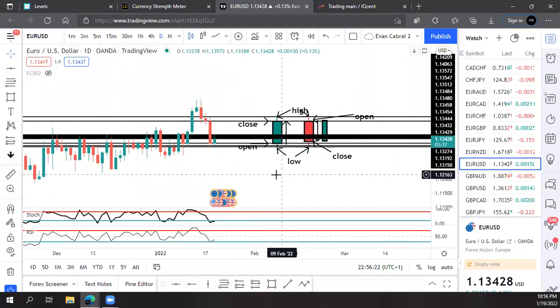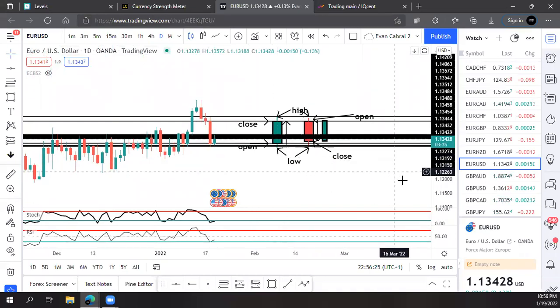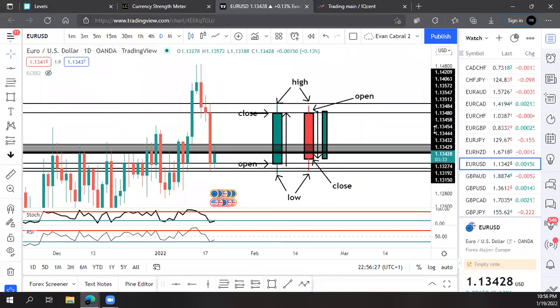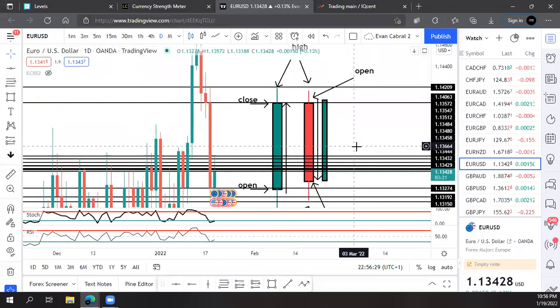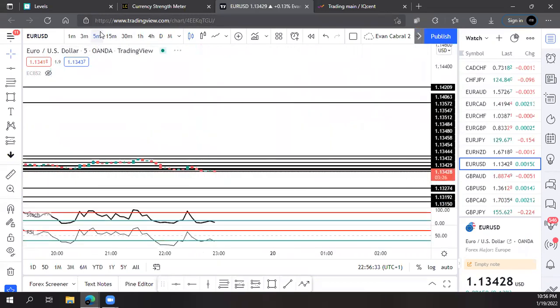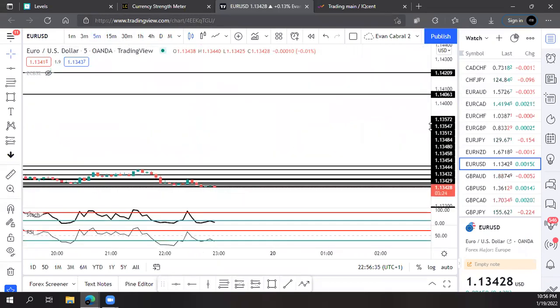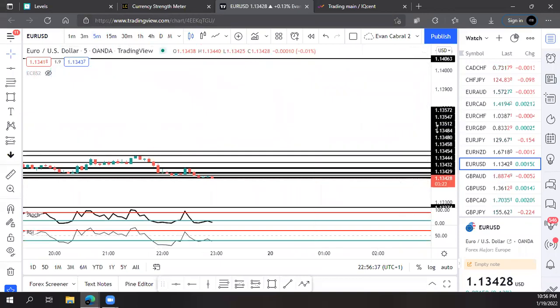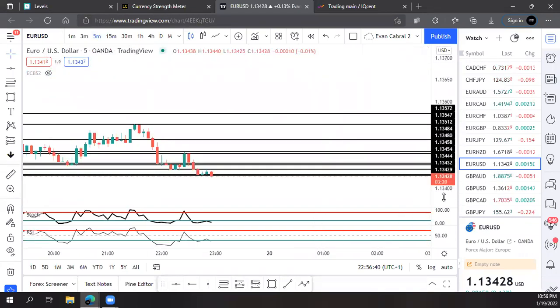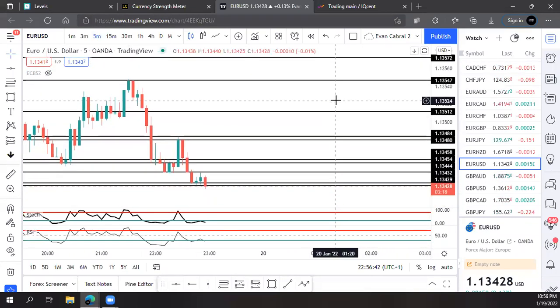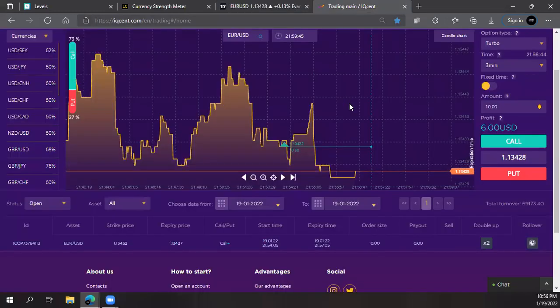You don't want to go against the trend. Even if you're buying, trust me, your buy is just going to be short term. Look at what happened there.